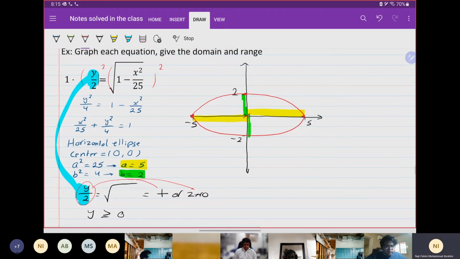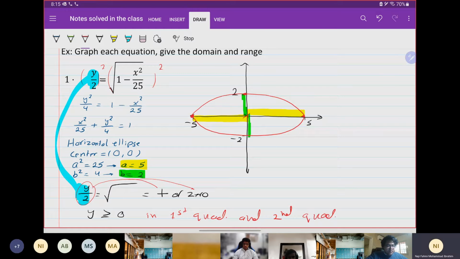If this is the case, in which quadrants is y greater than or equal to 0? The first and the second. So what should I do to my graph now?